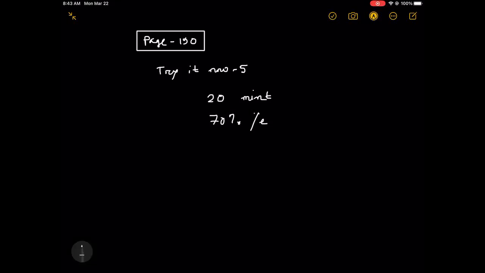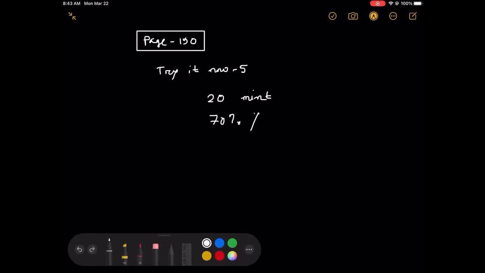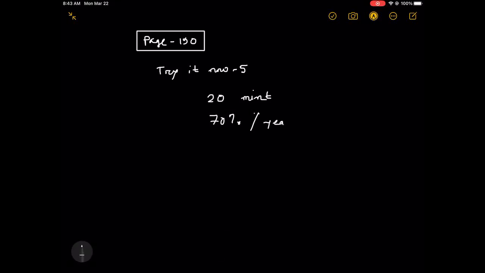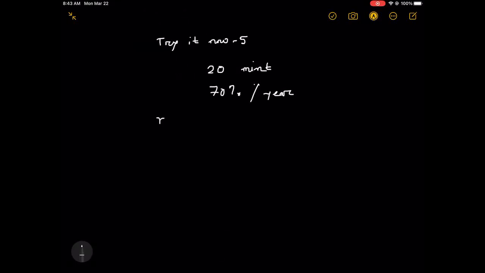So that's 70% per year. But the field can only support a maximum population of 300 plants. Okay, maximum of 300. Use the logistic model to predict the population in the next 3 years.